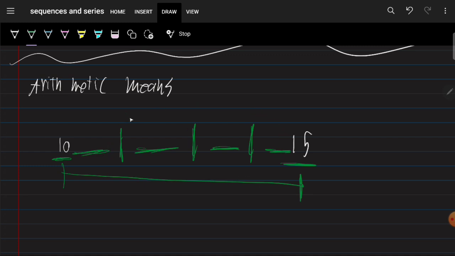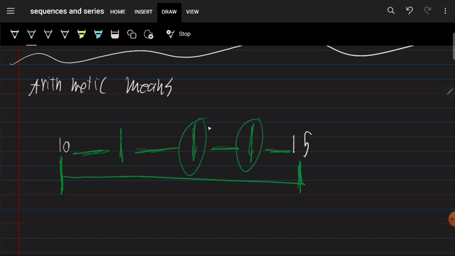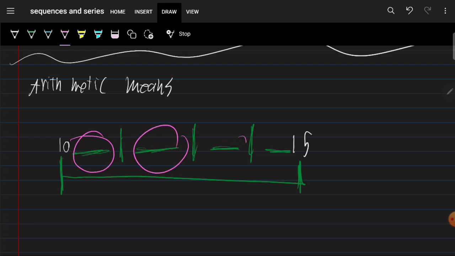Okay, and the formula for this is also very simple. We can see from this very basic image I've drawn and the explanation I gave, if we want 3 arithmetic means between 10 and 15, that means we want to have 3 numbers that are evenly spaced out, and there's going to be 1, 2, 3, 4 equally spaced intervals between them.